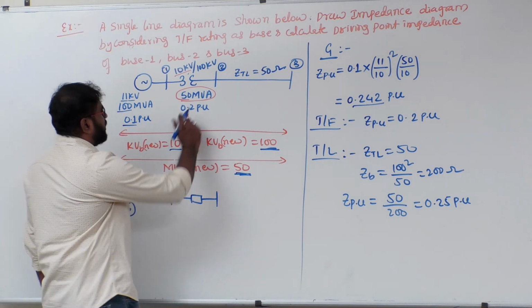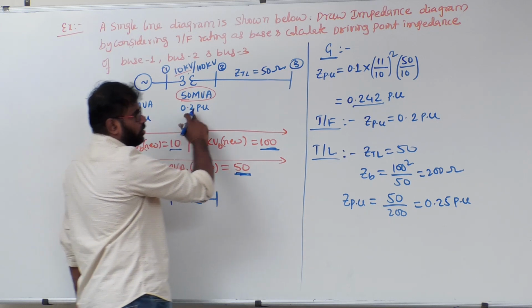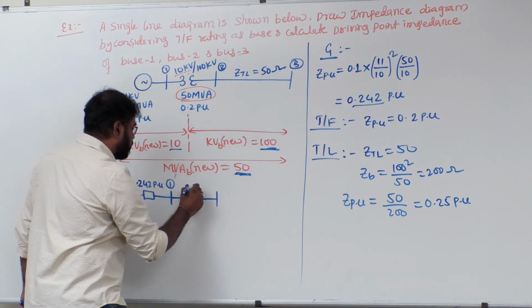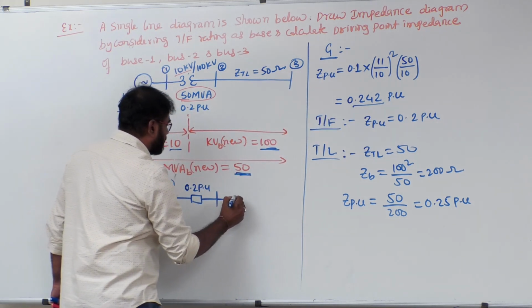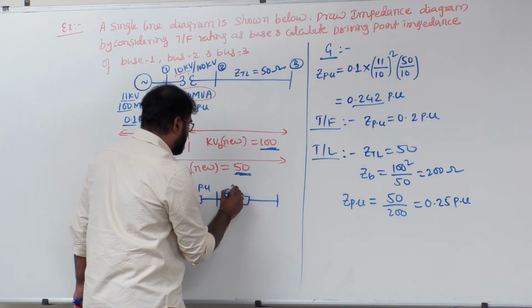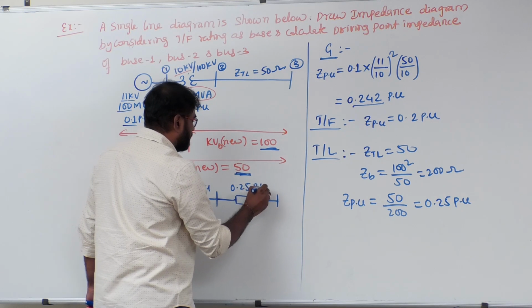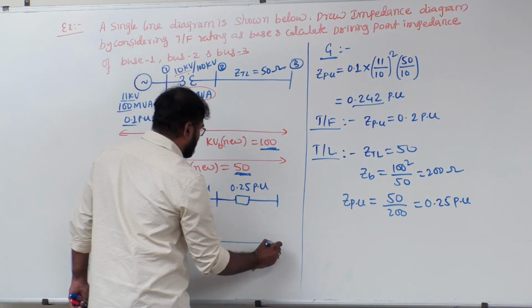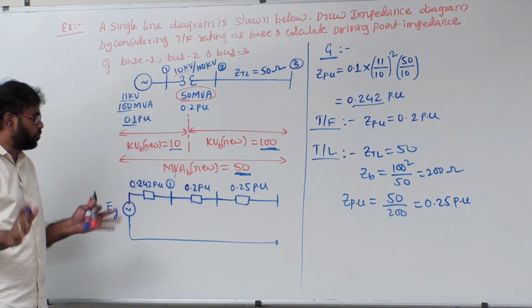Old is 0.2, new also 0.2, so take 0.2 per unit. The transmission line's new per unit impedance is 0.25 per unit. That's about the impedance diagram.